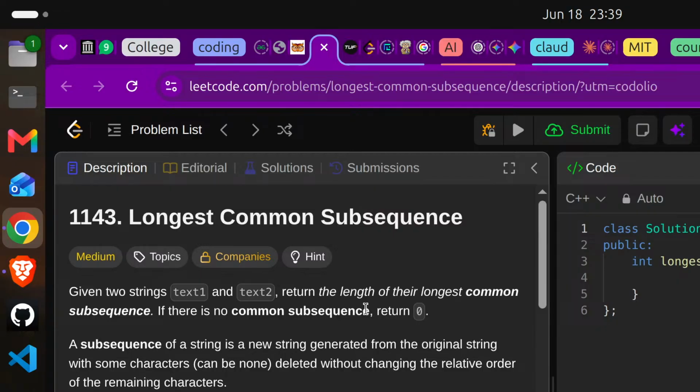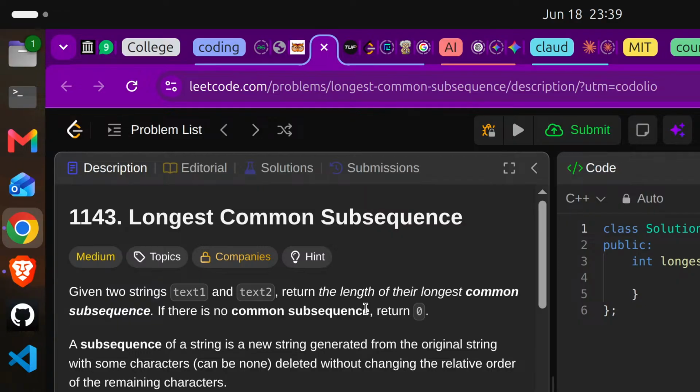If i is greater than or equal to S1 dot size or j is greater than or equal to size, in this case we have to return 0.